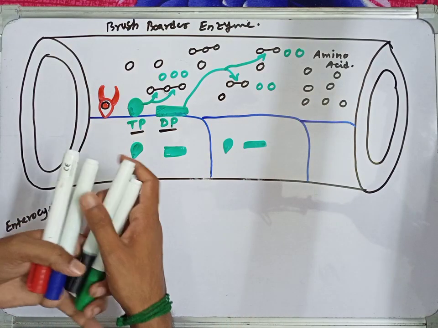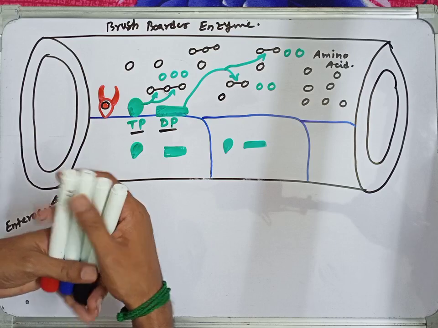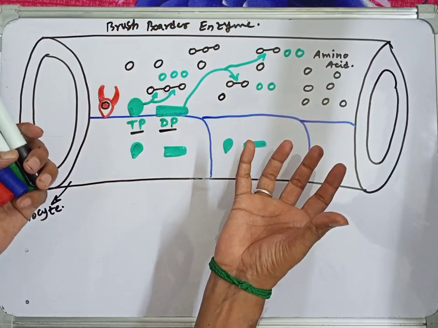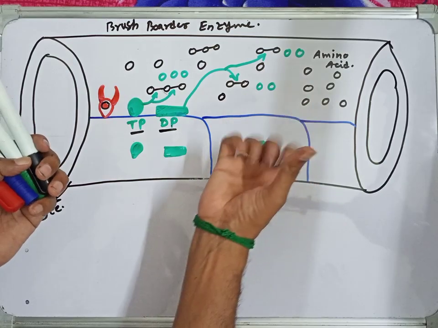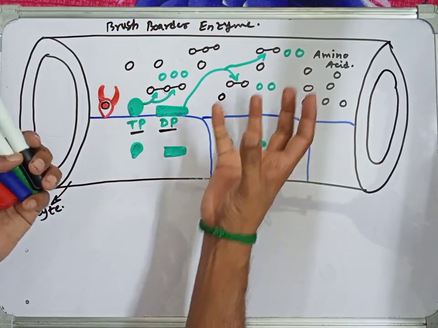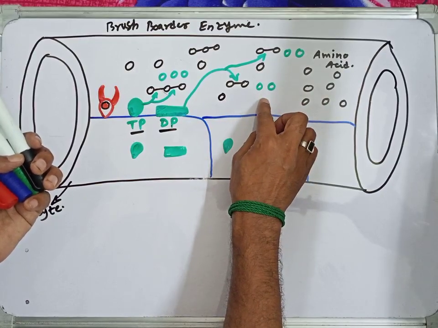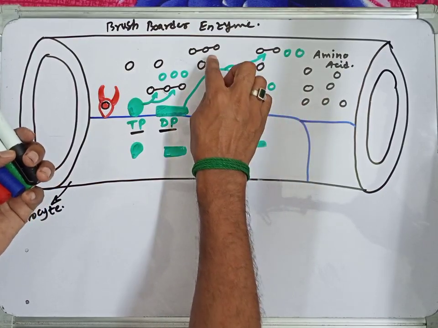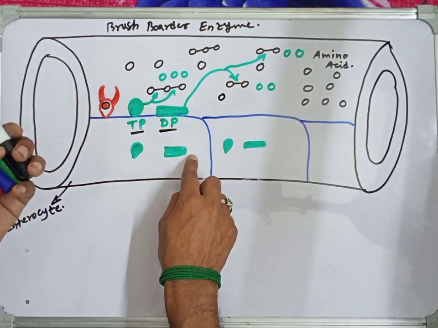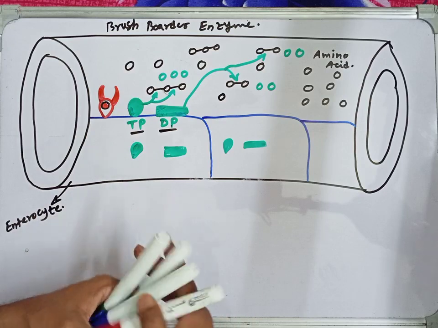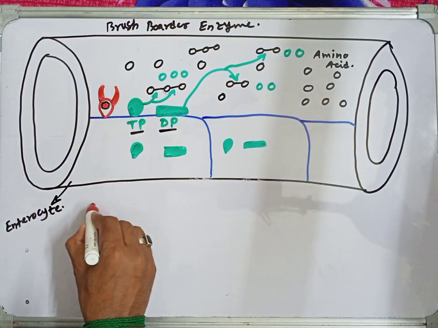And now is the actual time for absorption, the actual time to understand how our enterocyte absorbs this digested protein, that means amino acids as well as dipeptides as well as tripeptides, and how eventually it is drained into the blood, right?